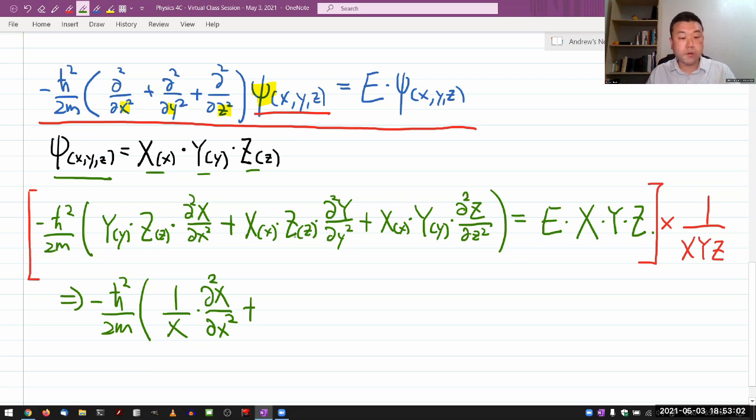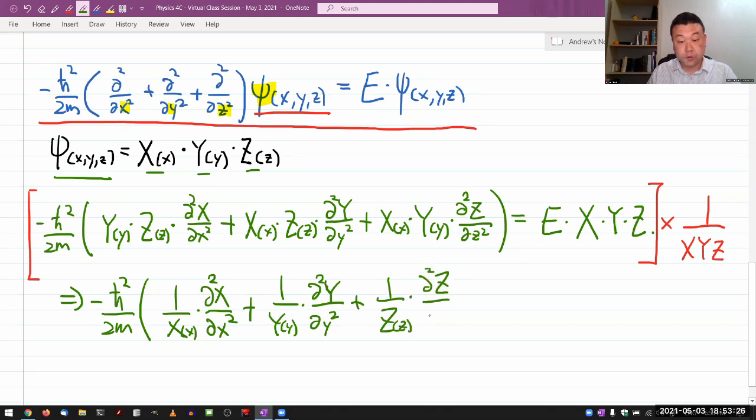All but one of the functions cancel out. So 1 over Y times the double y derivative of capital Y, plus the same deal with the third term, 1 over the function Z times the double derivative of capital Z with respect to lowercase z, is equal to some number, scalar E.